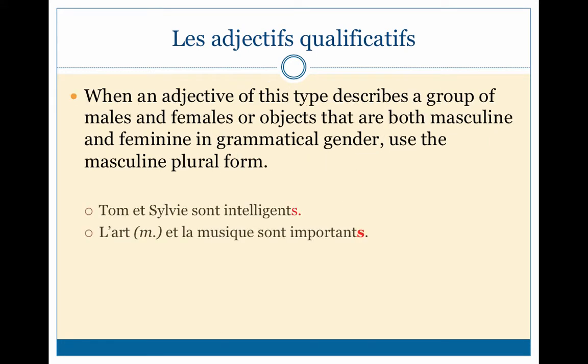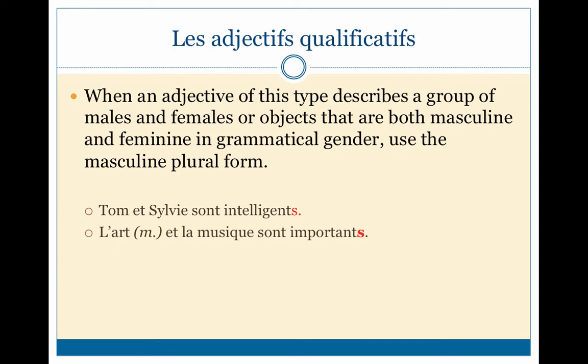Excusez-moi. Okay. In French, when you have a group of people and you're trying to describe them, there can be 5 million women and 1 man, but that 1 man is going to make the description of the group absolutely masculine. So you can see here, Tom et Sylvie sont intelligents.